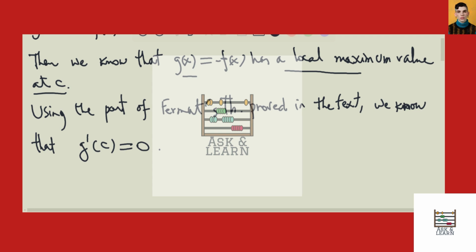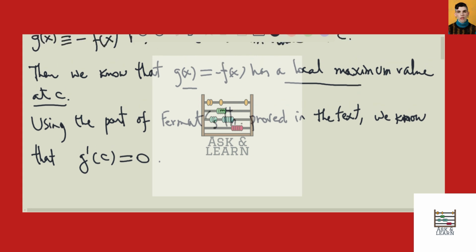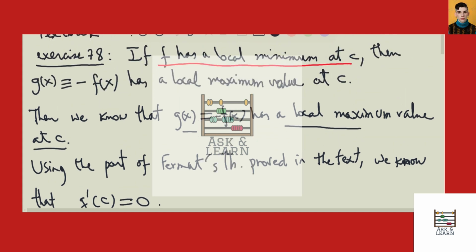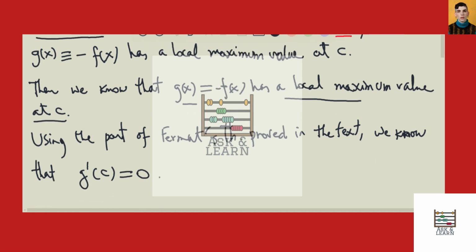So if the function g has a derivative at c, we know that f also has a derivative at c because g is negative f, so the only difference is a sign. So differentiability of one of the functions implies the differentiability of the other.